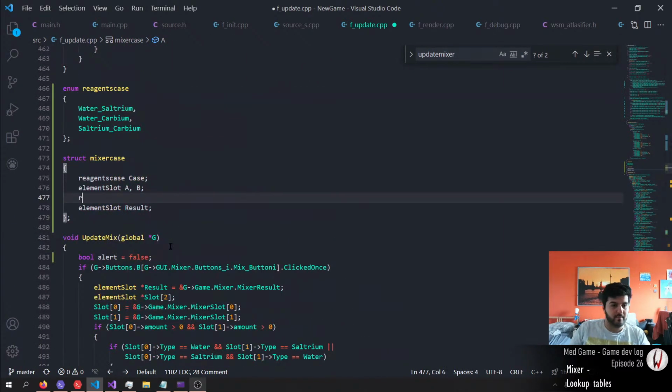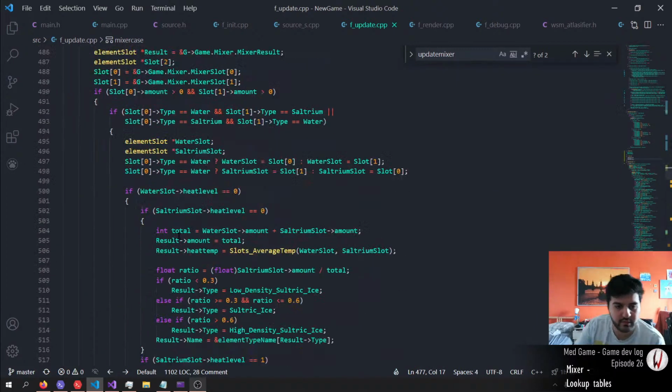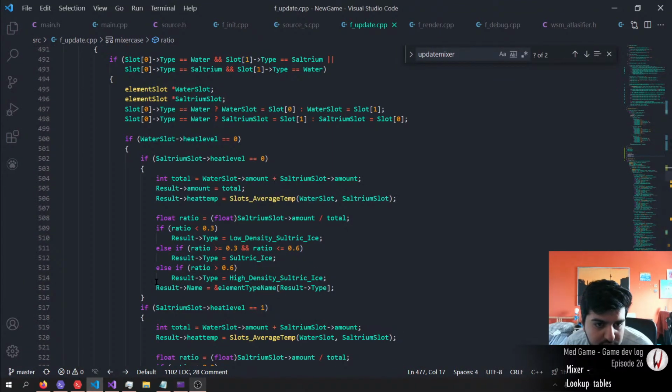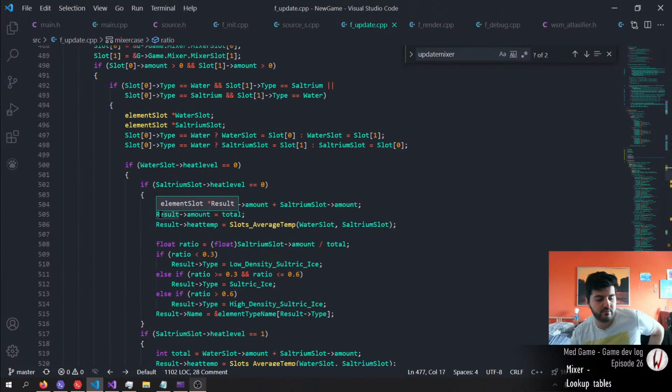Ratio is a float called ratio, and that's probably it, right? We have ratios, their temperatures.